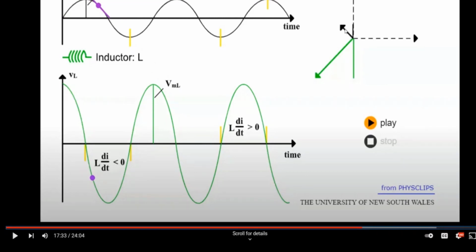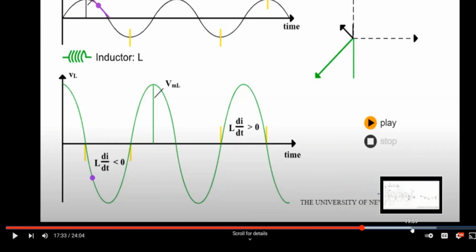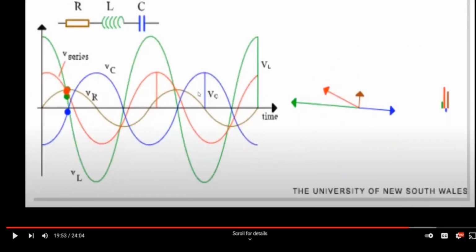This green vector represents the voltage across the inductor when it's exposed to alternating current. And this black vector represents the current, and you could also say the voltage as well, because Ohm's law says current and voltage are related. When you put the RLC all together into a single circuit, this is nothing more than pasting together those three previous animations.